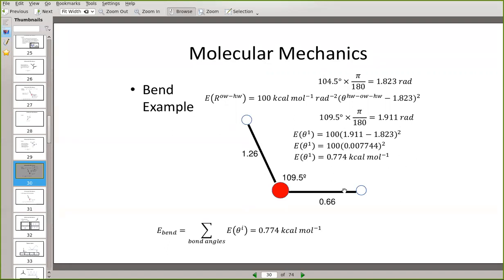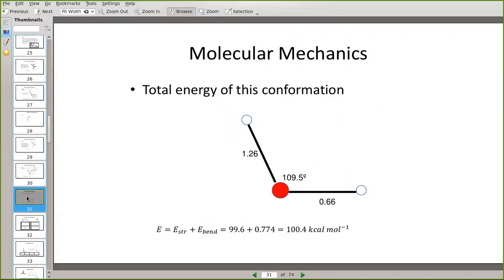And of course, for the E bend term, we've got to sum up all angles in the molecule. In this case, there's only one angle, so E bend for this molecule is 0.774. Of course, we had already calculated E stretch for this molecule and got 99.6, so for your total energy you add those two together.